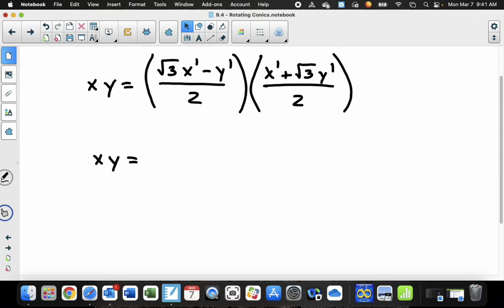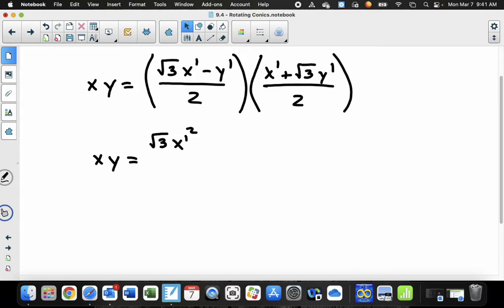When we multiply out the numerators, what am I going to have to do? We got to FOIL. We got to distribute. So, here we go. Square root of 3x times x is just the square root of 3 x prime squared. X squared, if you will. Okay. Multiply the coefficients times the coefficients, the variables times the variables.